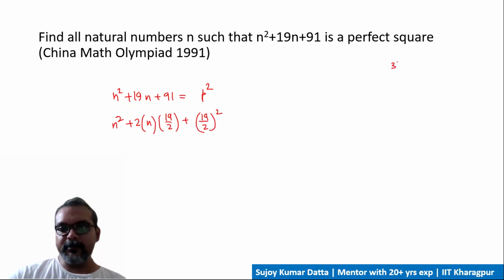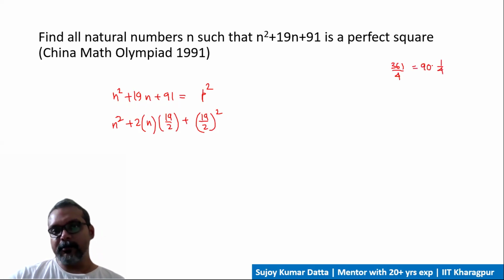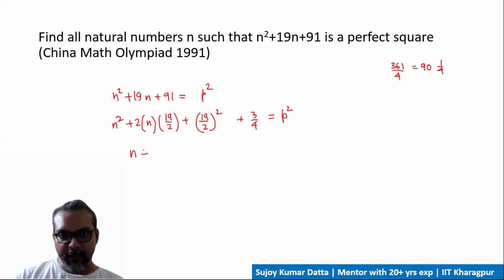Now 19 squared is 361, and 2 squared is 4, so that's 90 and 1/4. But we need to make 91, so we have 3/4 left. So this becomes n plus 19 over 2 whole squared plus 3 by 4.